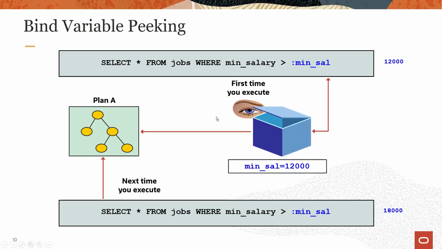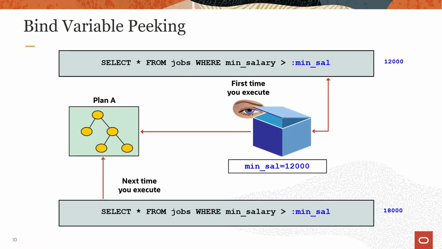But in order to calculate that selectivity or cardinality, it looks at what you set as value for that bind variable. It sees, for instance, that the session has set the value of that bind variable min_cell to 12,000. So it will peek at that value, 12,000, and use it to calculate selectivity and cardinality, estimating how many rows will be retrieved where the minimum salary is bigger than 12,000.